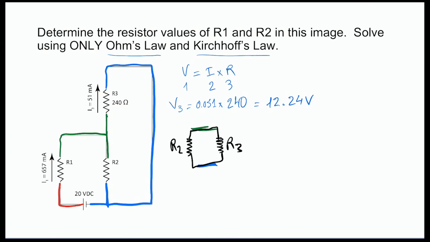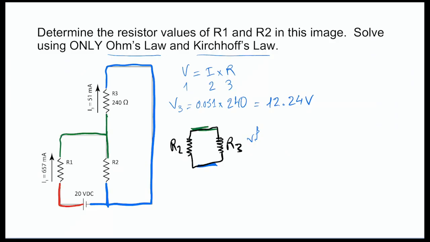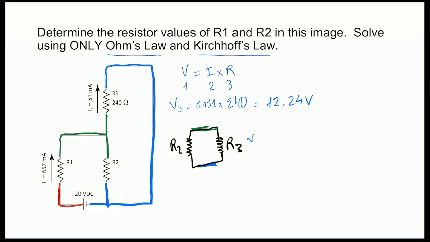We also know from the parallel circuit rules that we've discussed before that V3 and V2 are the same because the resistors are in parallel. So this is also going to be V2.